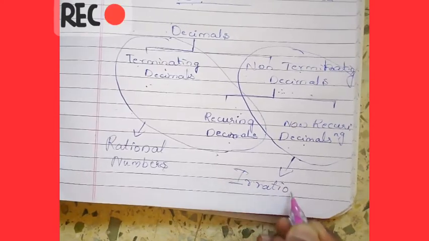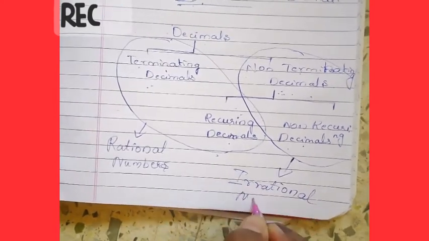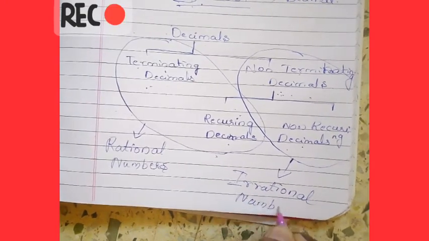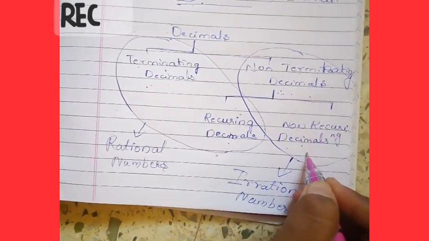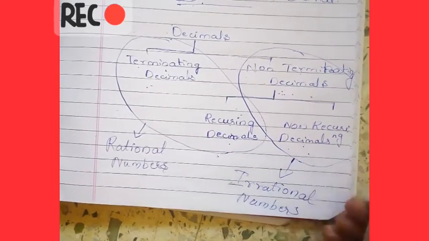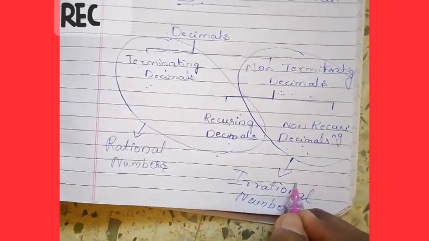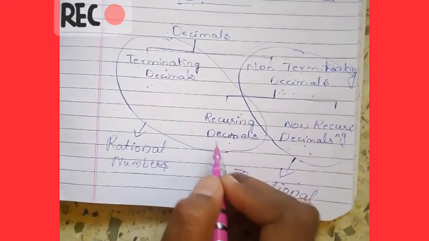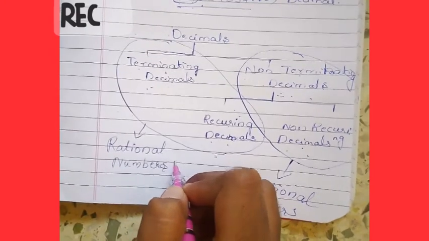Understood? Once again I repeat. Non-terminating and non-recurring decimals are irrational numbers, and terminating decimals and recurring decimals are rational numbers.